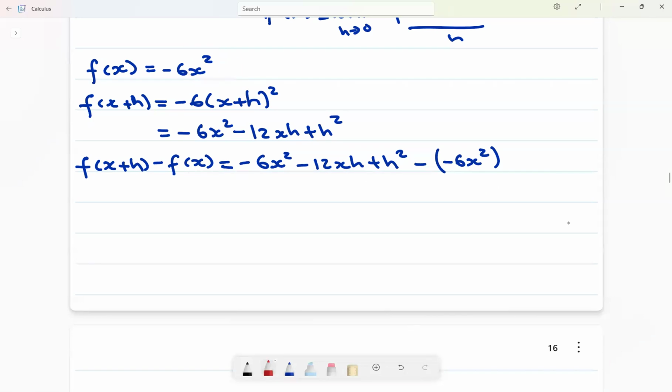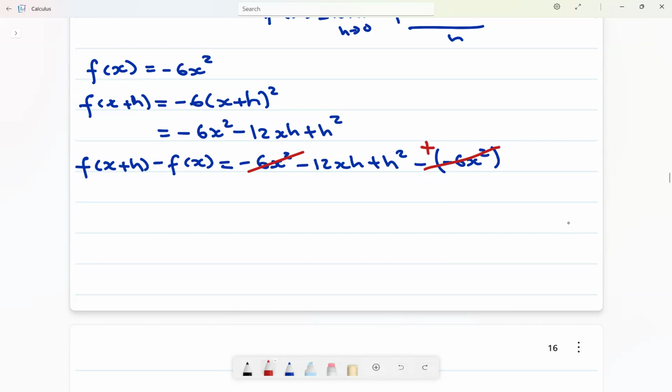When x squared appears, it means there's something wrong that you did. Only when you're saying f of x plus h minus f of x is where it should not appear. So can you see that this is the same as saying plus, because negative by negative, right? So negative 6x squared plus 6x squared. Do you agree that negative 6x squared plus 6x squared will now cancel off?